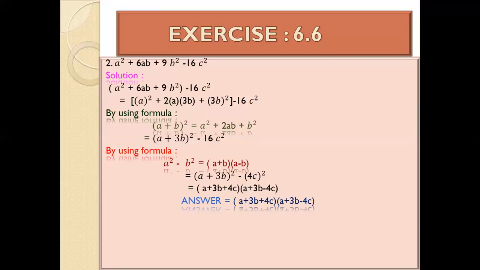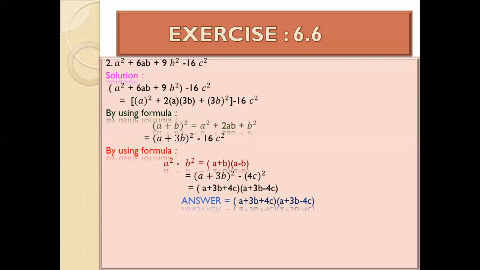So we cannot apply that formula. We apply here the fifth type of factorization, in which first we convert into (a + b)² or (a − b)², and then again we apply the formula a² − b², which is equal to (a + b)(a − b).